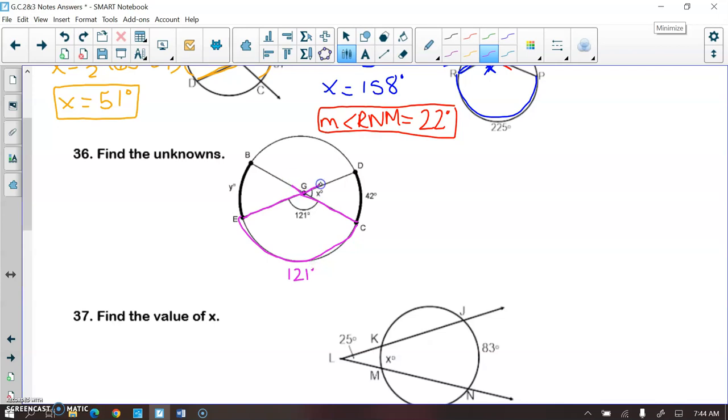These two are vertical angles, so this is also 121, and this angle is also a central angle, so it's equal to the arc that it intercepts. So doing 360 minus 121 minus 42 minus another 121, I get that angle Y, or arc Y, is 76 degrees.